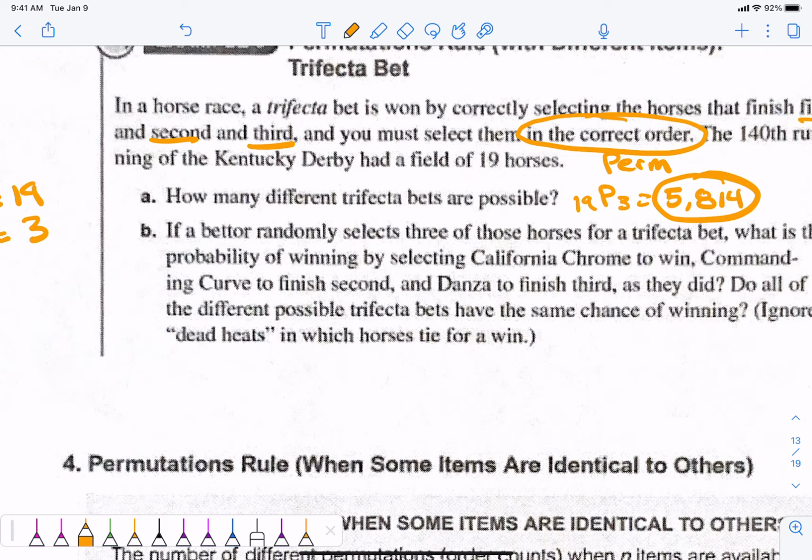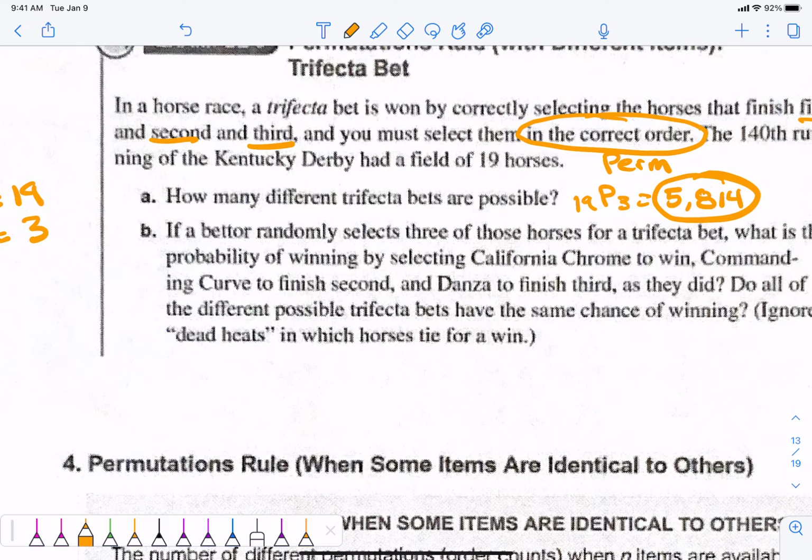Going off of what horses have run in the past gives you a little bit higher chance of getting it correct based on given information. But if you just randomly select 3 out of the 19 in a certain order, you have a 1 out of 5,814 chance of getting it right.